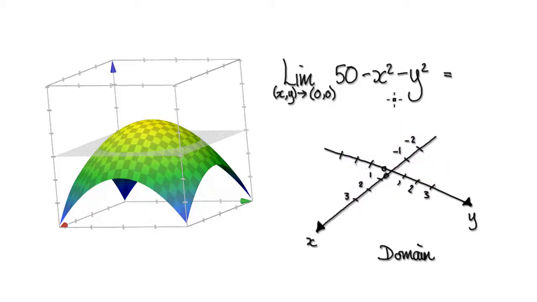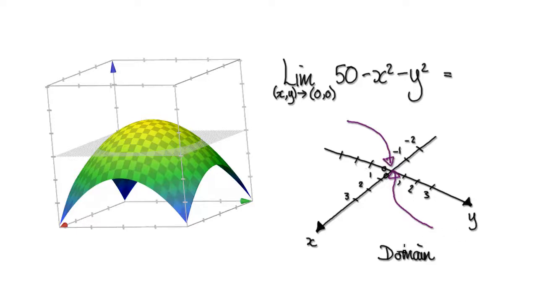In this case, the limit here is 50, because no matter which direction we head in, we could head in a cubic manner if you want. So we could head towards the origin in this manner, y equals x to the power 3.